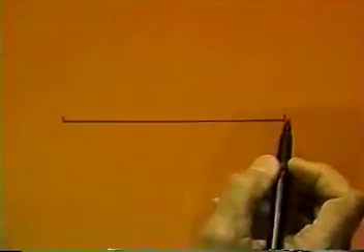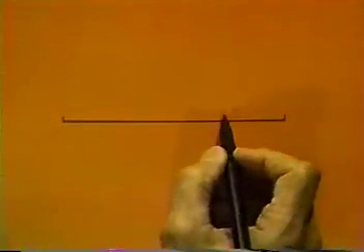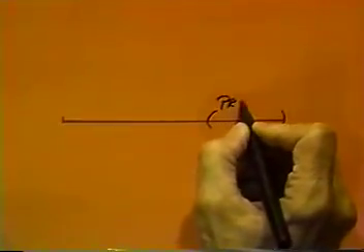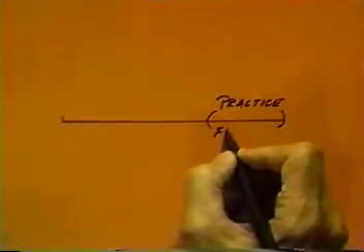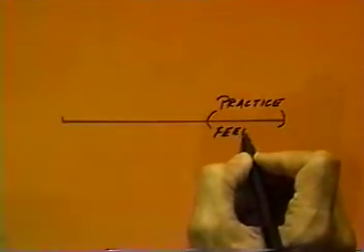First thing to do is to draft the back end of your module first. If this is the beginning of the module and this is the end, the first thing to do is to draft the back end, namely the practice and the feedback portion.